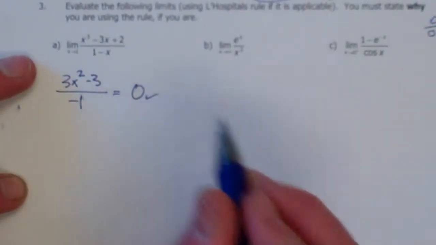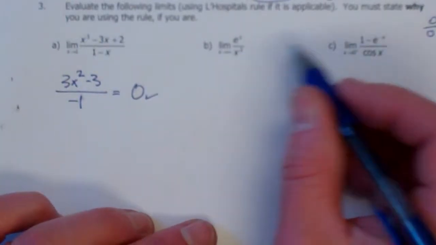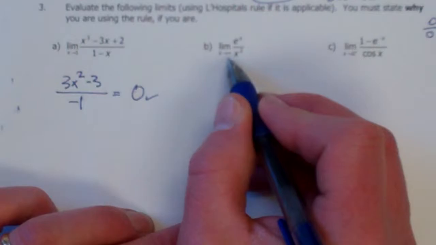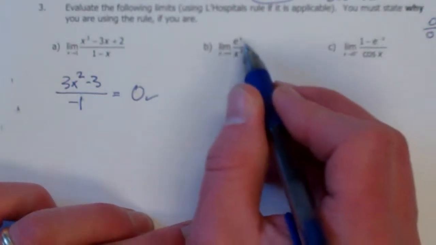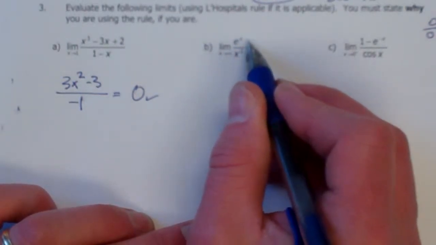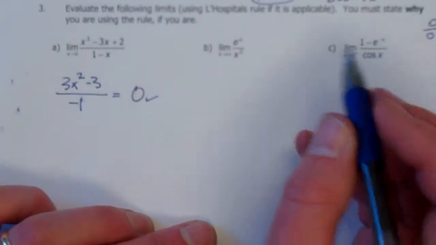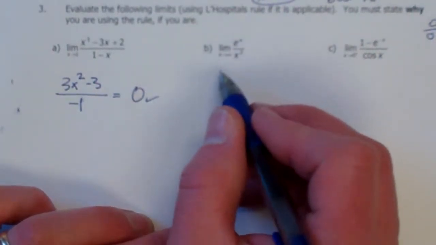Here again, check to see if I need L'Hopital's rule. I plug in infinity here. It says as x approaches infinity, e to the infinity is infinity. X, as it gets closer and closer to infinity, squared is infinity. So this is the second case.